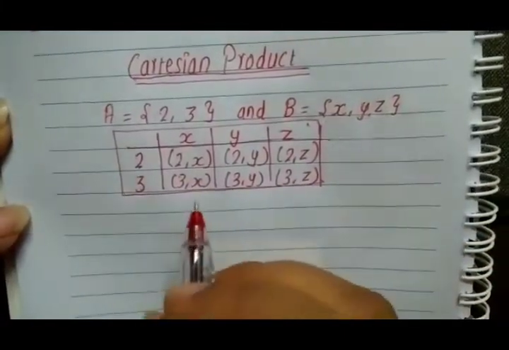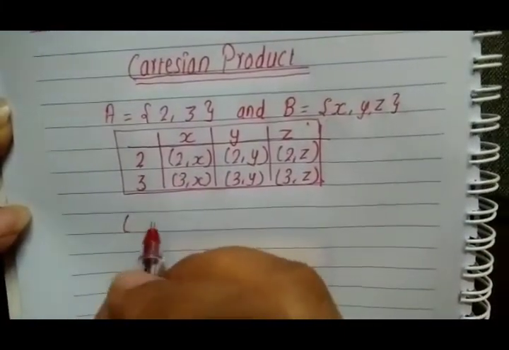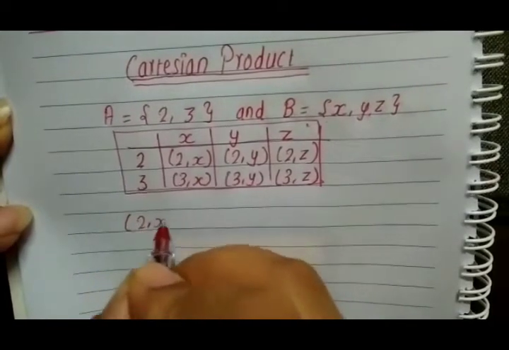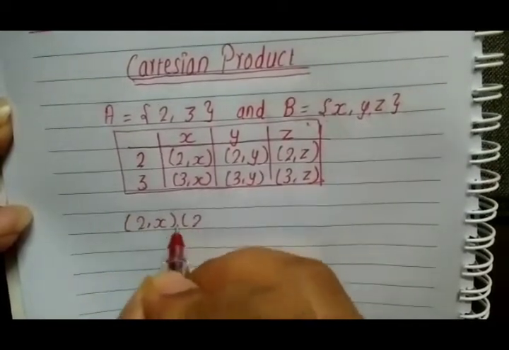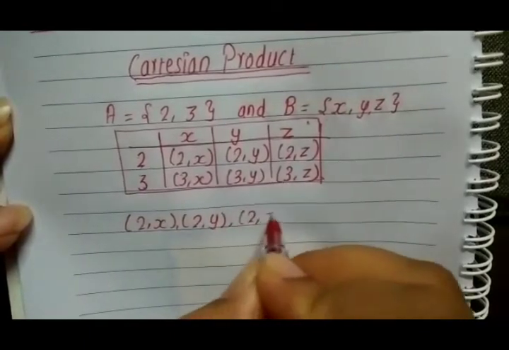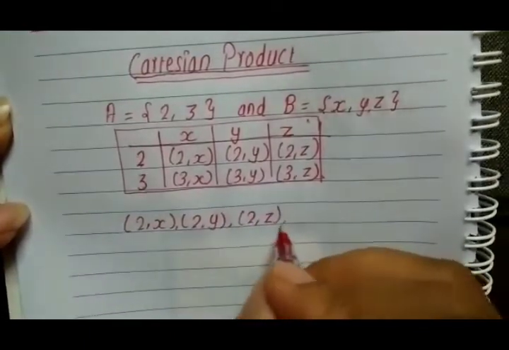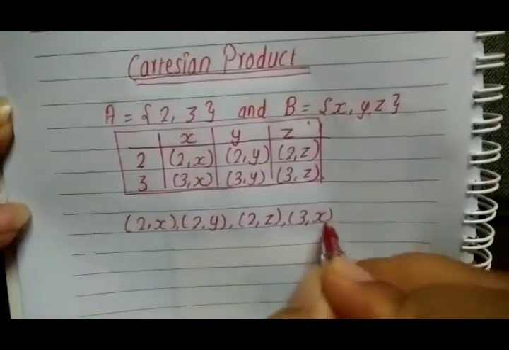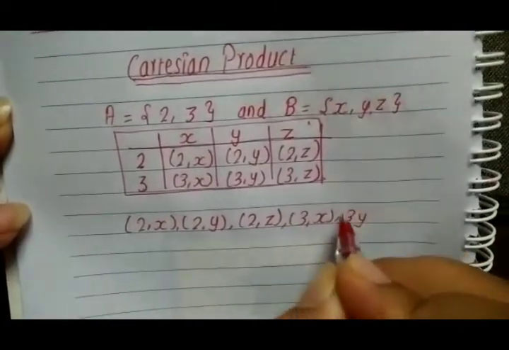So these all are formed ordered pairs, but in this question we regard each ordered pair as one element. So all these we can consider as elements.